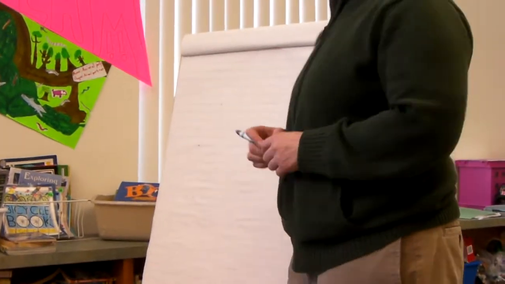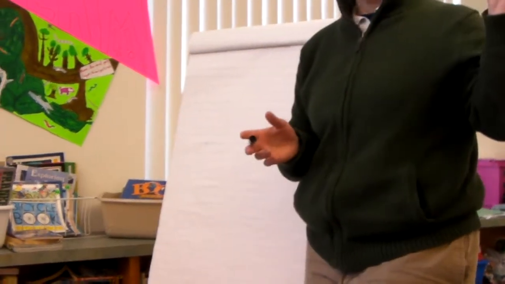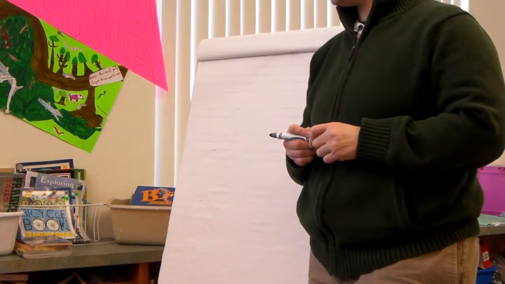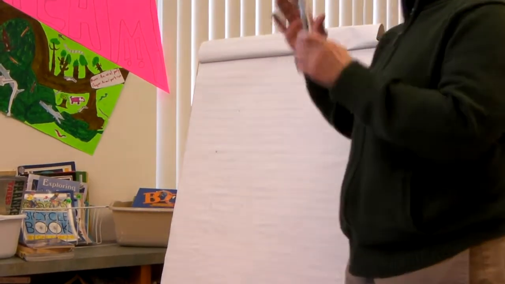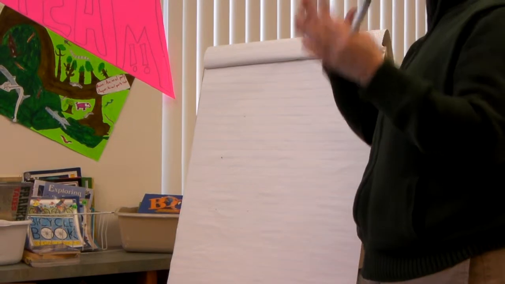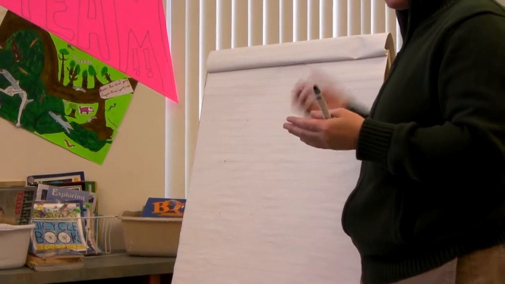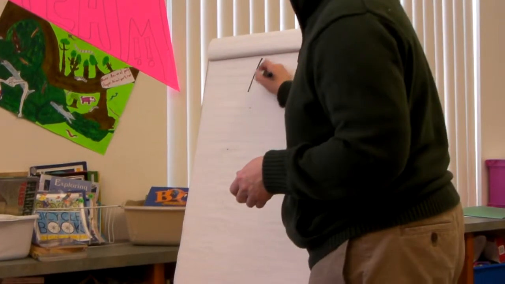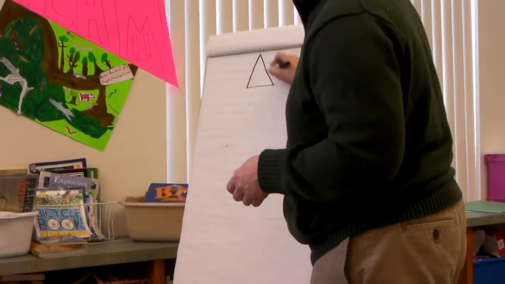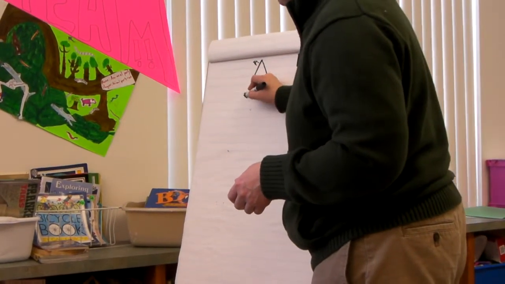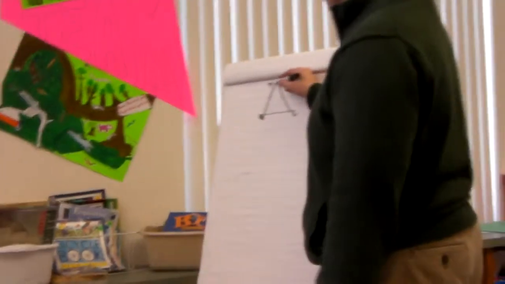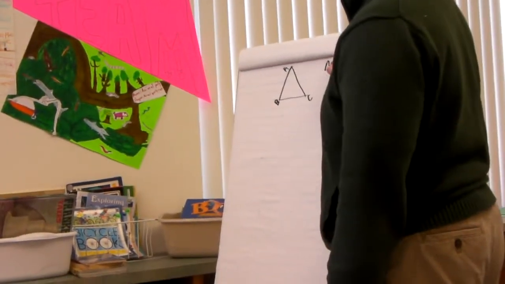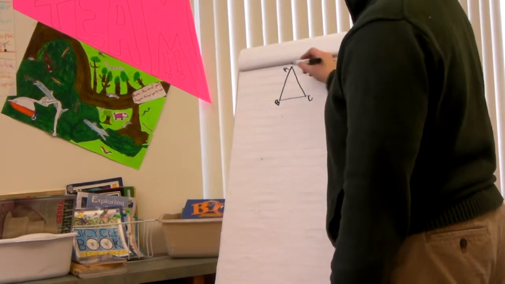And then, if you remember up on our board from yesterday, on the chart that we made, each triangle could have up to 6 names with the different points, if each point had a different letter, right? If it was, say, triangle ABC, remember we could call this triangle ACB or ABC.